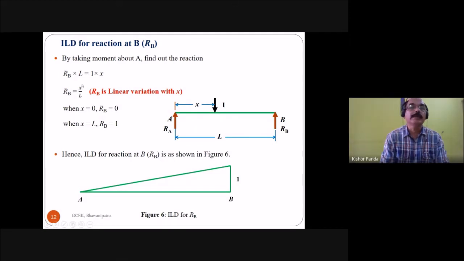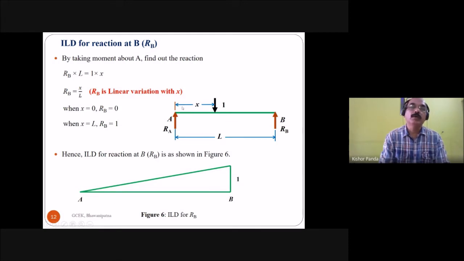When you put X equal to L, L by L is equal to 1, so RB is equal to 1. So when X is equal to 0, RB is equal to 0, and when X is equal to L, RB is equal to 1.